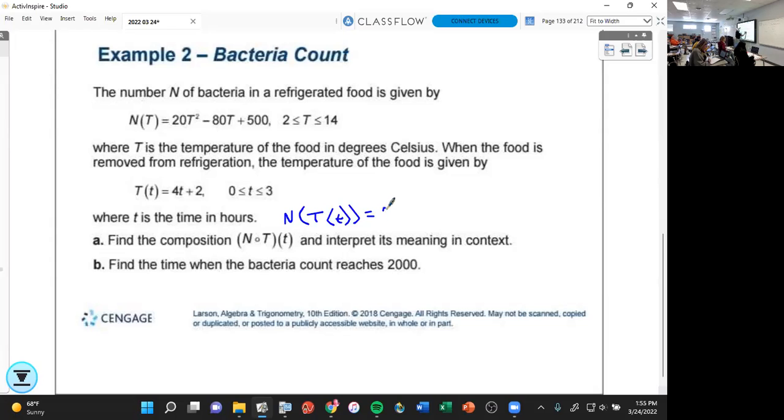So 20 times, here's a T, but T is 4 little t plus 2, squared, minus 80 times 4 little t plus 2, plus 500.